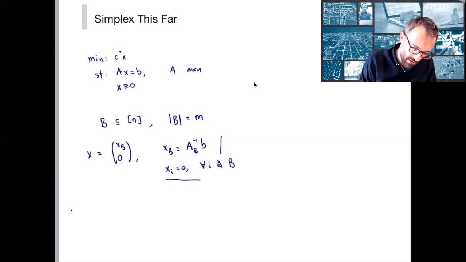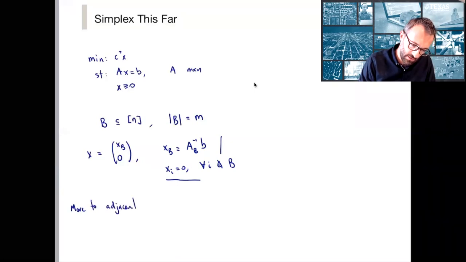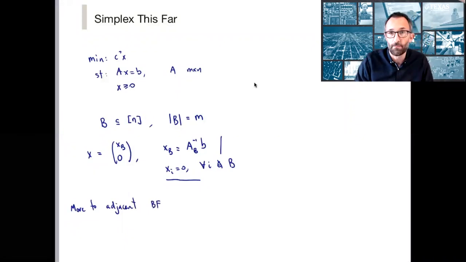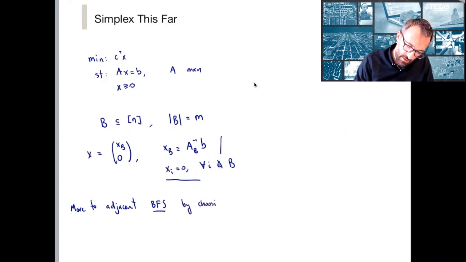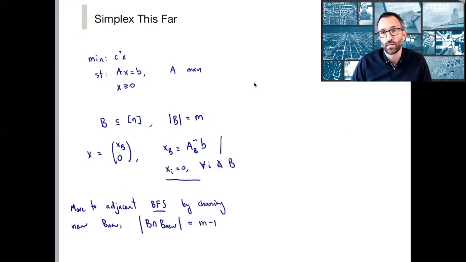So we move to an adjacent extreme point, or let me use the notation that's used in the context of the simplex method, basic feasible solution. We defined that last time, by choosing a new basis, B new, that has one element difference from the old B. So in other words, the cardinality of the intersection is m minus 1.